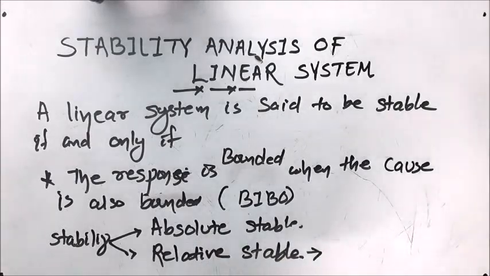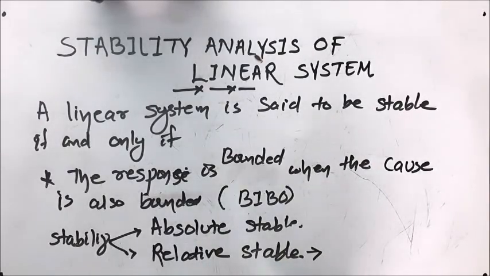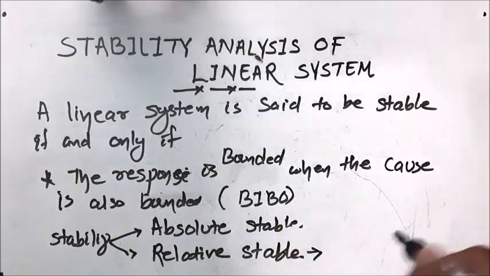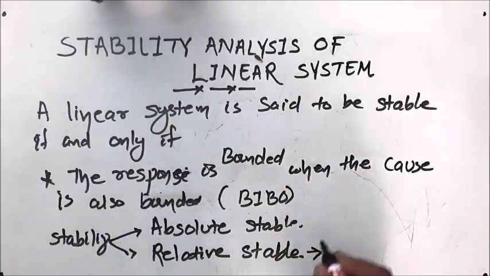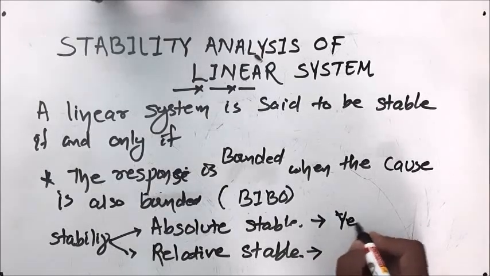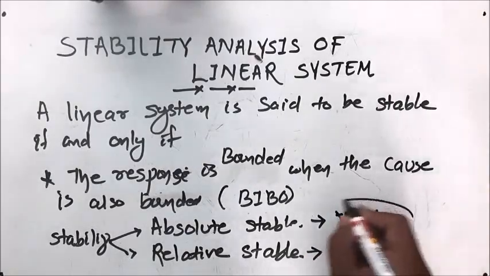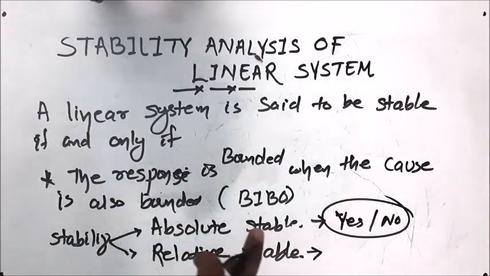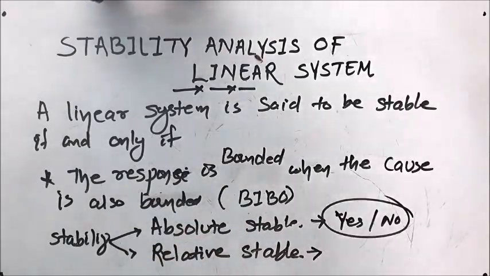What is absolute stable? When you ask whether the system is stable or not, the answer is yes or no. If the answer to the question is yes or no, that kind of stability is called absolute stability.